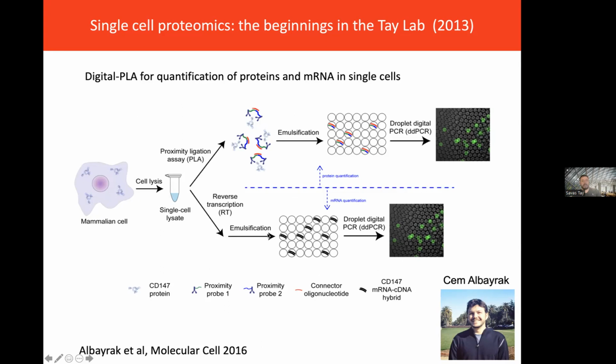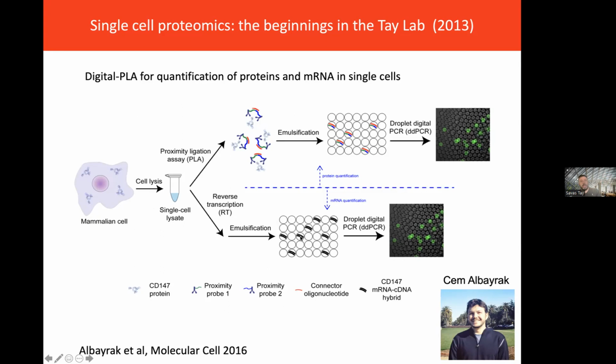In digital PCR, you first convert mRNA to cDNA, and then you take the cDNA from the cell and load it into small microfluidic droplets. There are 20,000 of them. If you load them dilute enough, most of the droplets are empty, but some droplets will contain the DNA from the cell coming from mRNA.